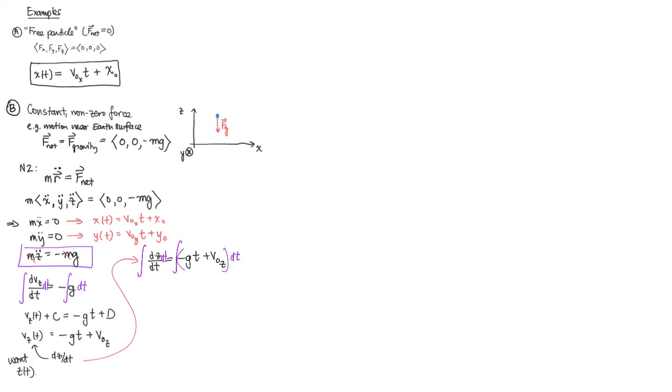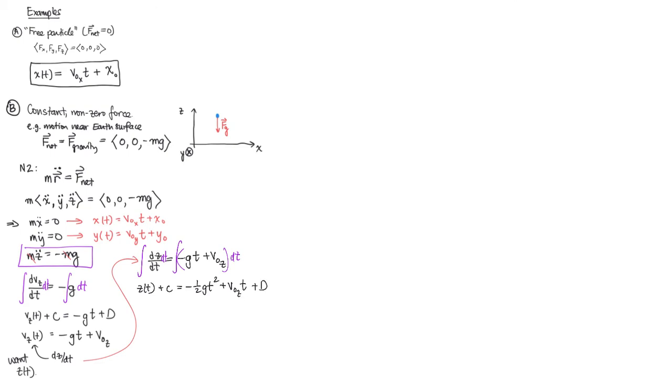And when we do so, we find the antiderivative of dz dt is z of t plus some constant. And that's going to equal minus 1/2 gt squared. The integral of t is t squared with a 1/2, plus v naught z t plus some other constant of integration.